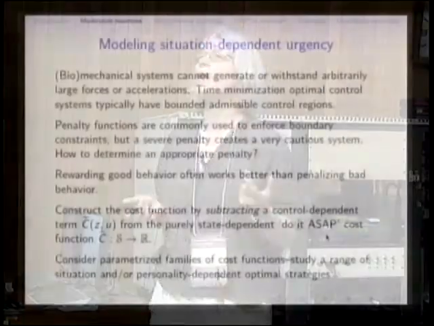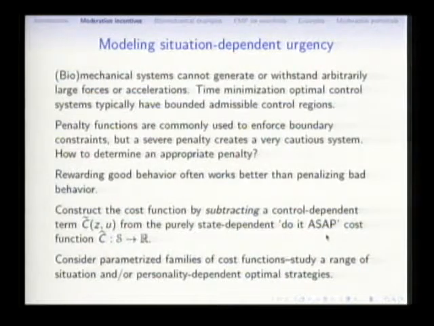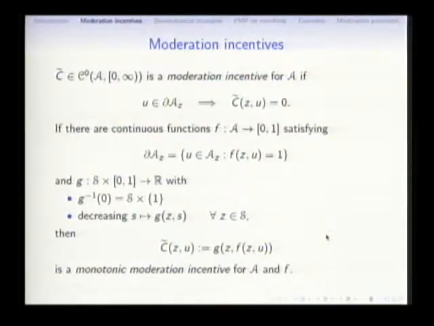Okay, so I'm going to look at situations where I'll have parameterized families of incentives and try to have those parameters model some sort of personality or context dependent aspects of the situation. So here, what I'm going to call a moderation incentive is simply, I want it at least to be a continuous function. A lot of the ones I'm looking at will be smooth so that my calculus works nicely.